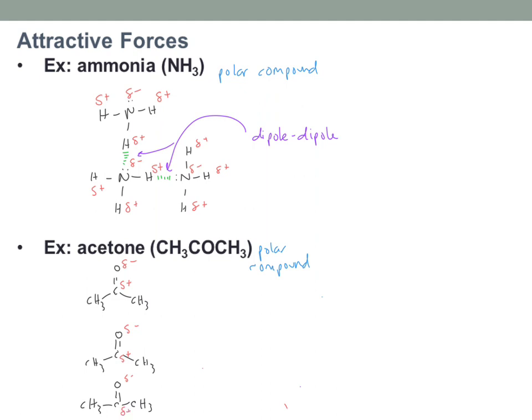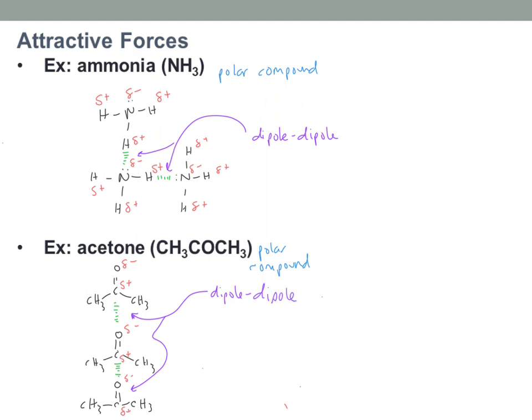And so again, I'm going to draw partial charges between my partially positive carbon and my partially negative O, partially positive carbon, partially negative O. And this is another example, right, of two things that are polar, so they're going to have these dipole-dipole attractions. So dipole-dipole.